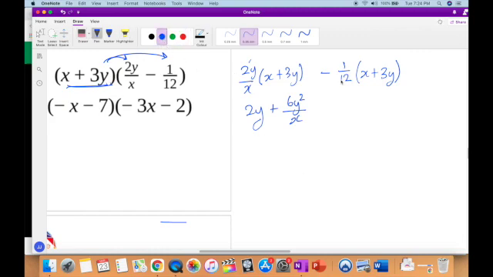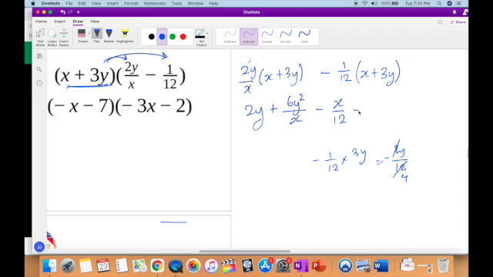And now for this one, we have minus 12 times x, which is minus x over 12. And then this minus 1 over 12, sorry, times 3y is 3y over 12. Well, the negative is there. And then 3 into 12 is 4.